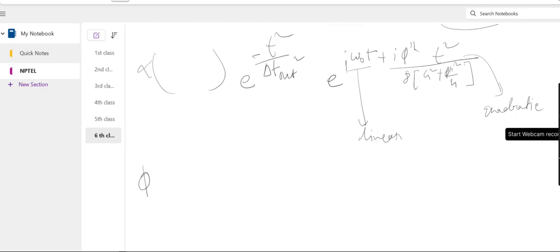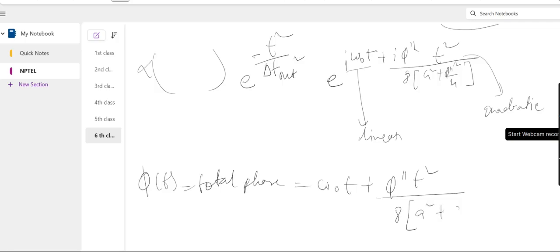The new phase, total phase here, is omega naught t plus phi dash dash t square by 8 a square plus phi dash dash square by 4.